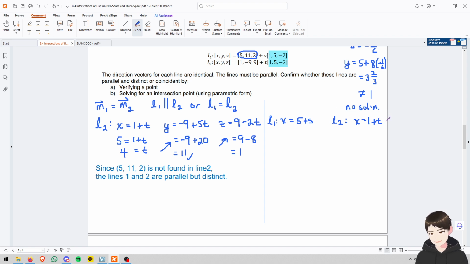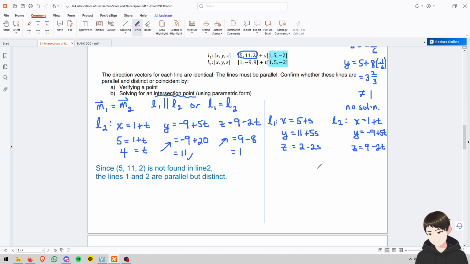And I'm going to get myself an equation. If they do intersect, then at some point, the x of line 1 and the x of line 2 should equal each other. My y should be 11 plus 5s, and also equal negative 9 plus 5t. My z should equal 2 minus 2s, and also 9 minus 2t.